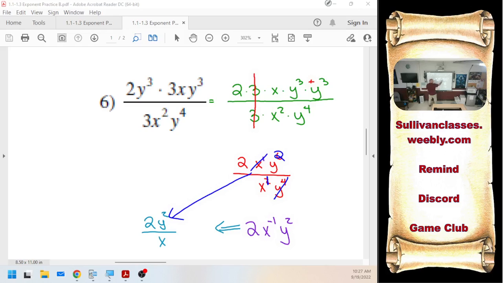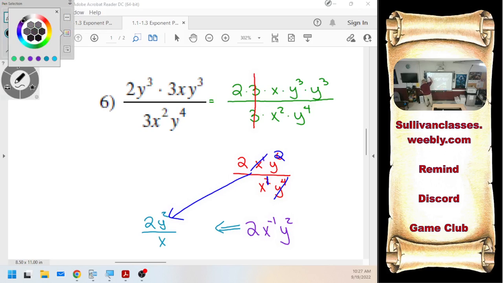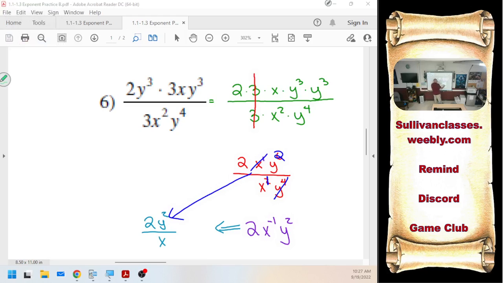Y'all, what if I went all the way back to the beginning and I did that same thing? What if I went all the way back here when it was written out for me and said, well, you've got 1 more. That's 4. 1, 2, 3, 4. Just canceled out 4 of them. You see how you still have a 2, a y squared, and an x? Straight to answer.